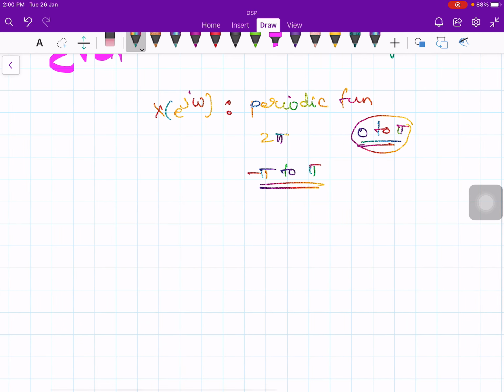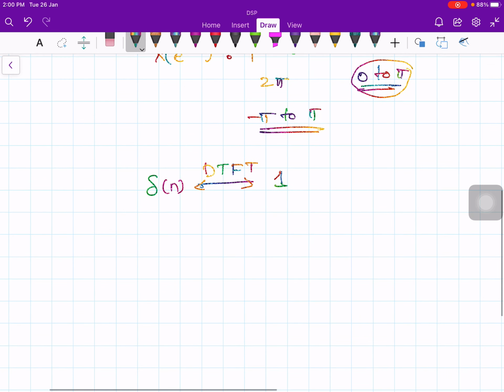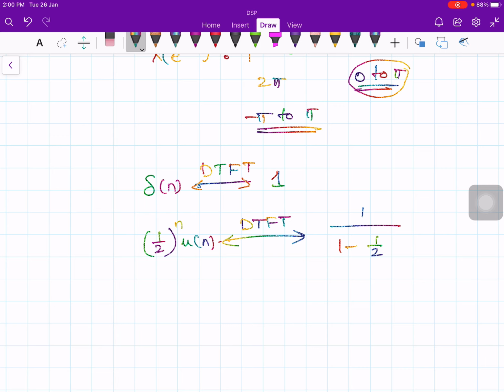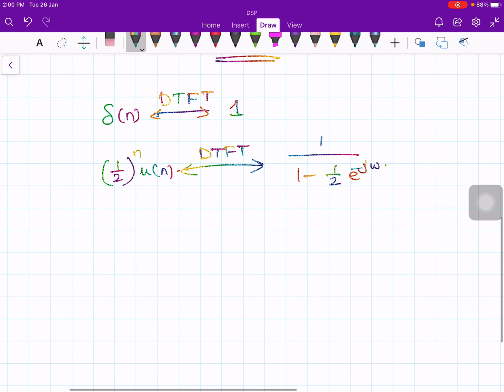Okay, and then we considered two examples. The first example was delta of n. If you take the DTFT of this, then you will get 1. And the next example that we took was 1 by 2 whole to the n u of n. If we take the DTFT, then this is going to be 1 divided by 1 minus 1 by 2 e to the minus j omega.